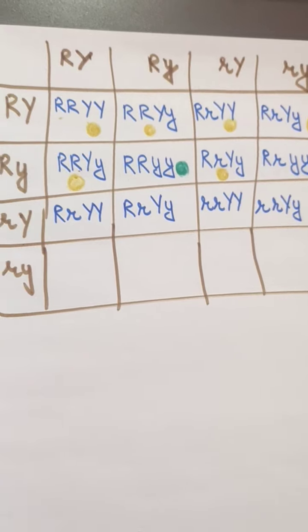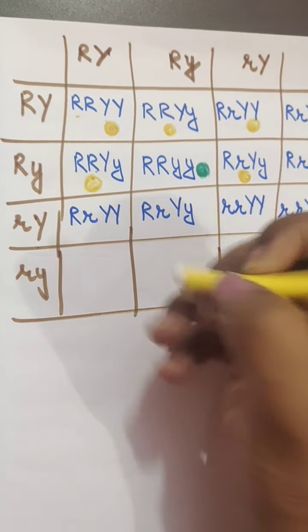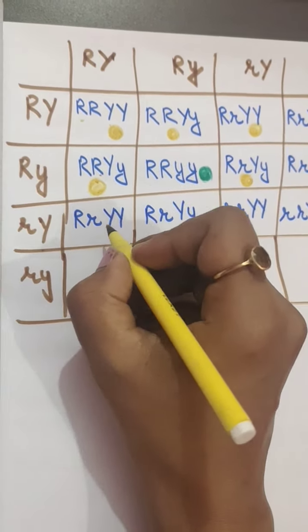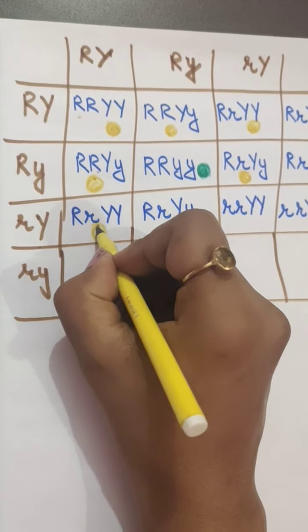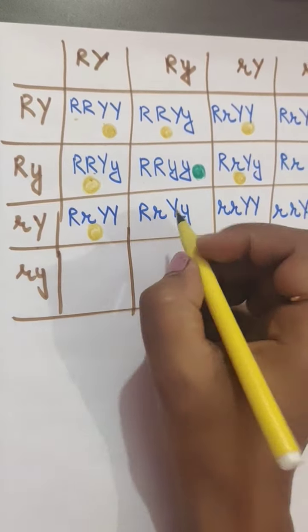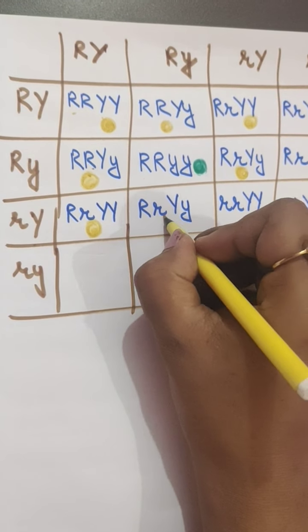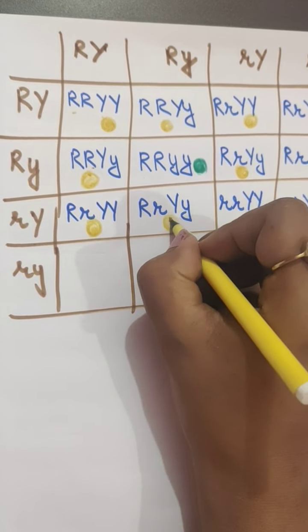I hope you are able to understand enough. Again, the color is dominating, yellow, and the shape is also round. So here also both color and shape are dominating, so yellow.